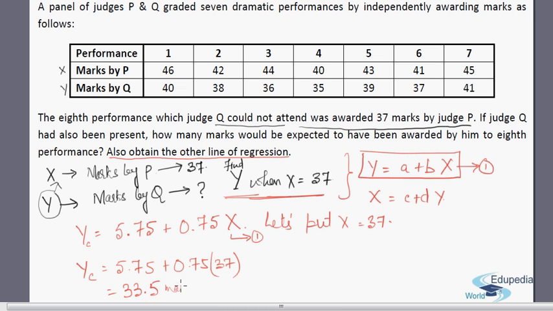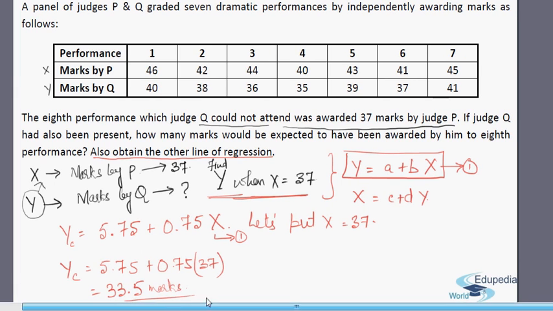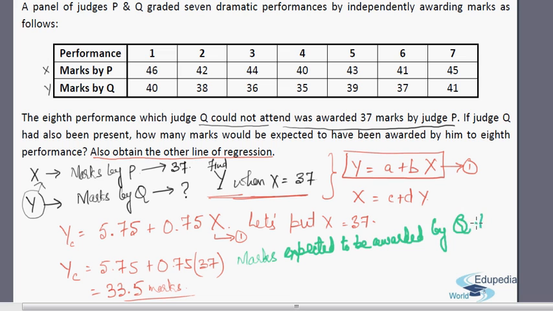and when you calculate this, the value of y would be coming as 33.5 marks. Therefore the marks which judge Q would have awarded to the 8th performer, marks expected to be awarded by judge Q to 8th performer equals 33.5.